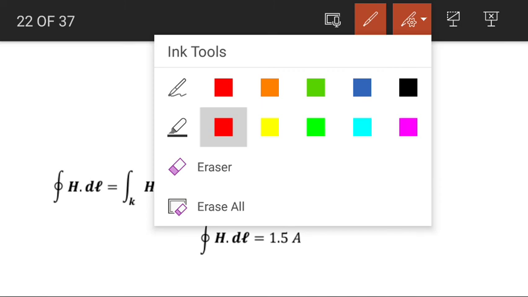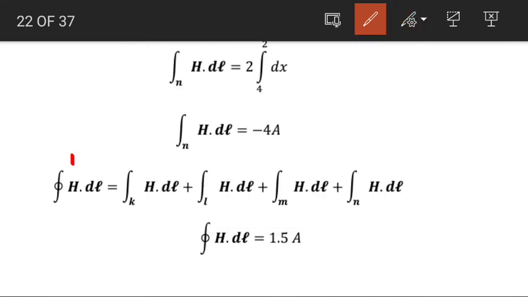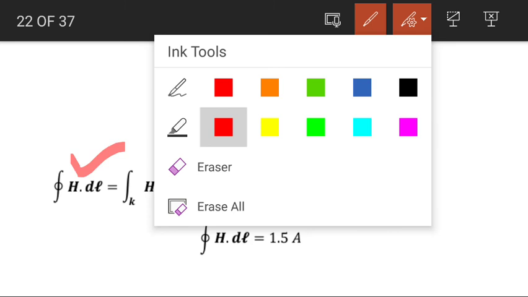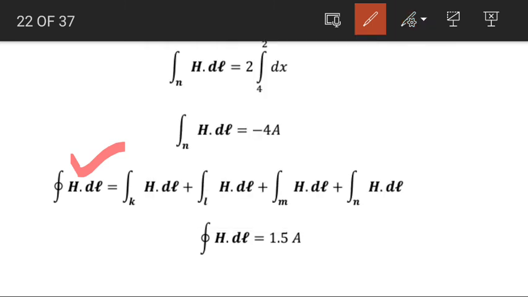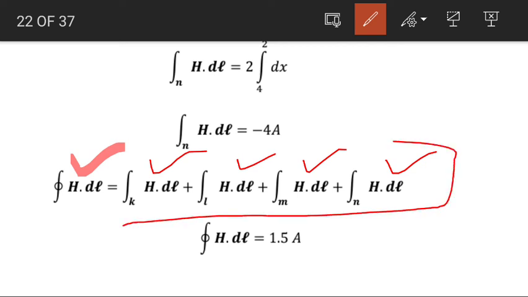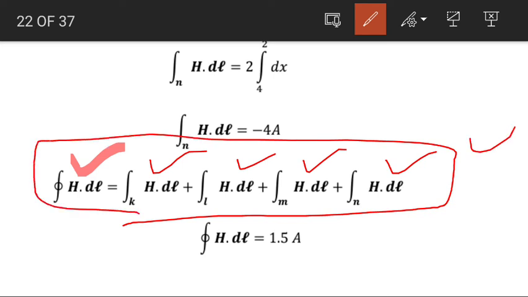Now the integral of the magnetic field intensity along this closed path will be equal to the integral of the magnetic field intensity along path k plus the integral along path L plus the integral along path M plus the integral along path N. And if we put the values on the right hand side of this equation, we get 1.5 ampere.